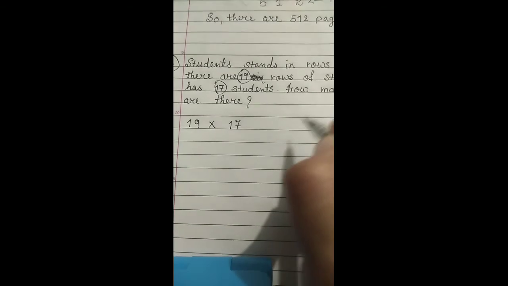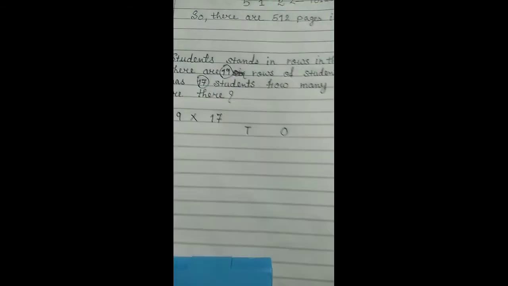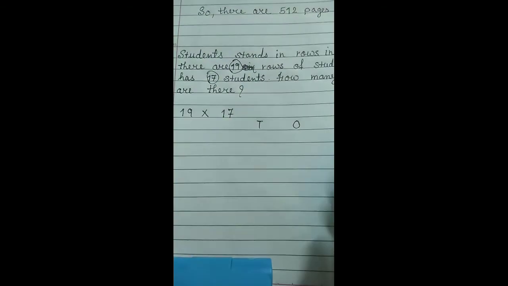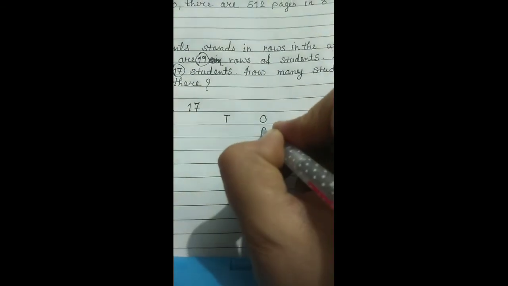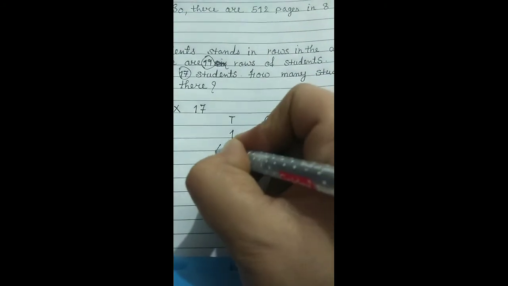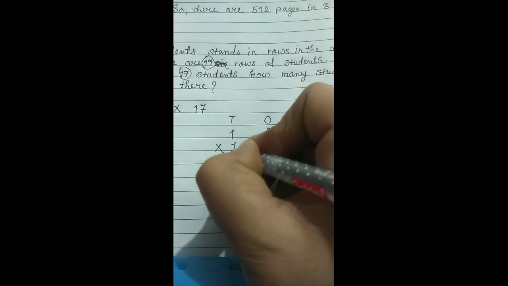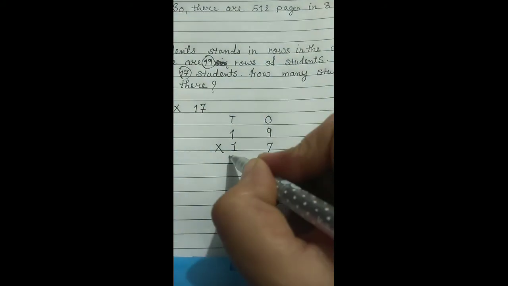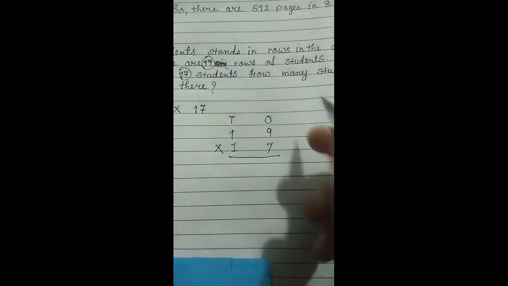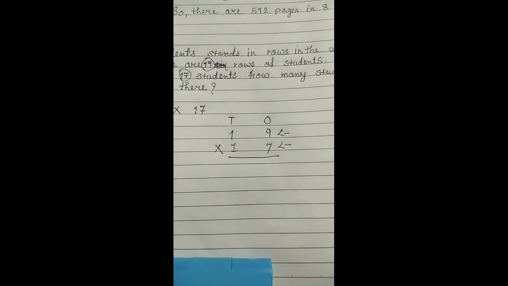Tens and ones. 19 has 9 on ones and 1 on tens. 17 has 7 on ones and 1 on tens. First we have to write the statement. Compulsory you have to write this. आपको compulsory statement लिखने हैं, otherwise your marks may be cut.